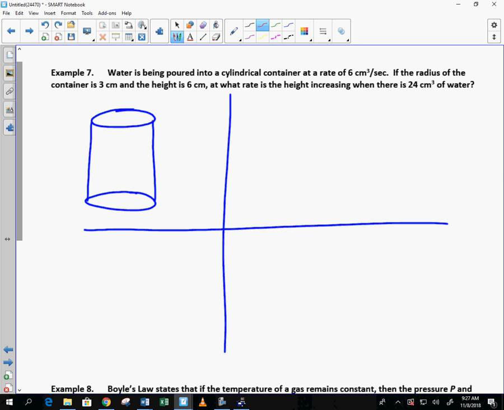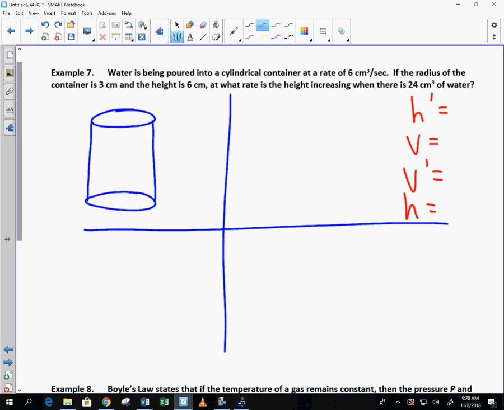So you know that h prime is a variable in this. Agreed? And the volume is changing, right? So we know there's a certain volume. Looks like we're given v prime. Okay, so what's not changing?